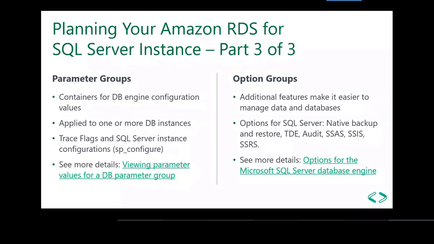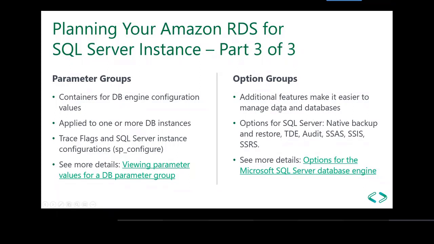In many of the things that you have done in the past, for example, trace flags or other configurations, anything that you were doing using sp_configure, you will need to configure in your parameter groups. You can find out more details here on this URL.